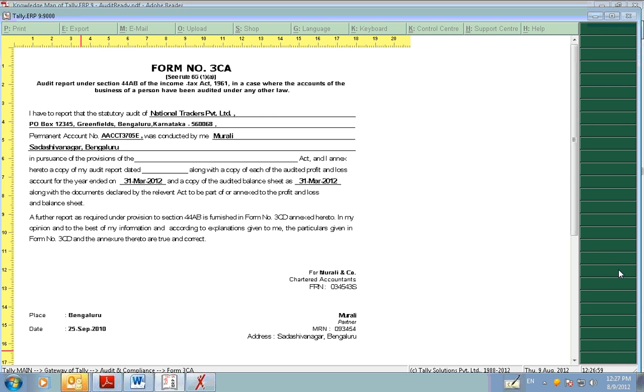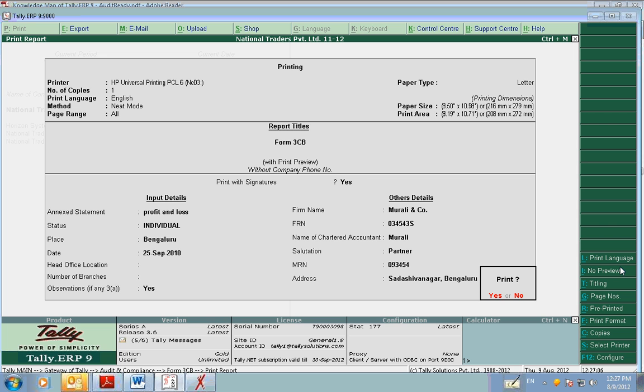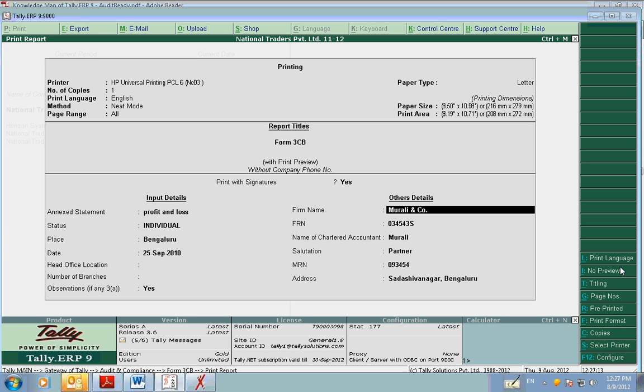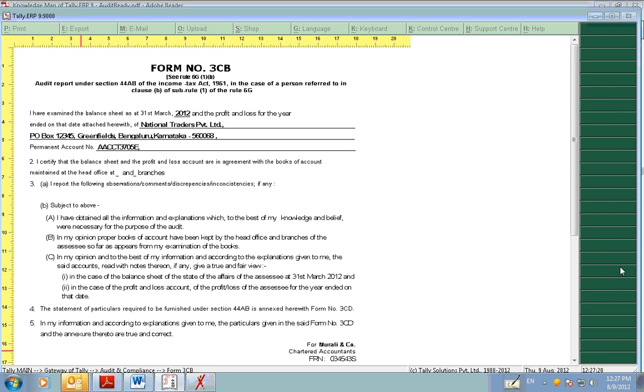And 3CB shows about a specific case. If you have any observations given, just give this. So here it says Form number 3CB, audit report under Section 44AB of the Income Tax Act in case of a person referred to in Clause B of Rule 6D, and they have to submit this report.